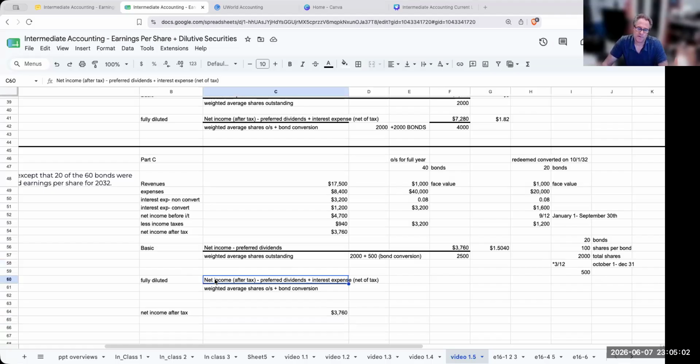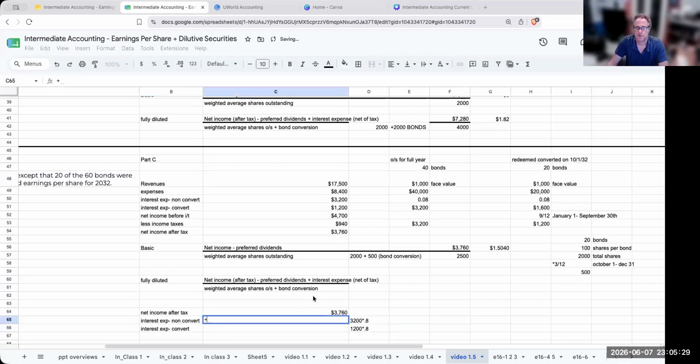But when we have this over here, we have to assume that these converted 9 months prior. So we're going to add back both interest expenses on a net of tax basis. So here, the interest expense non-converting is going to be 3,200 times 0.8. This is going to be 1,200 times 0.8.